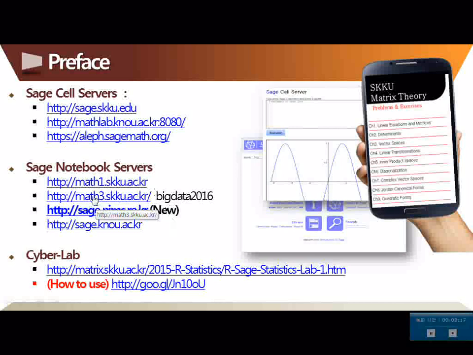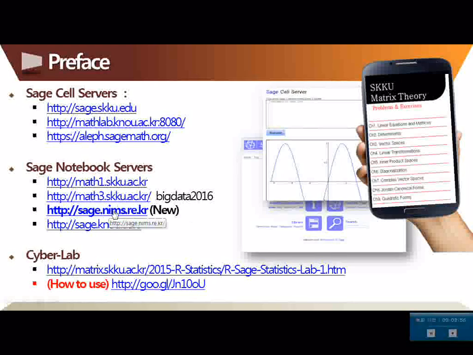I recommend that you make one ID on Big Data 2016 here on the Math 3 server, and all use the same username, so all of you can use this Sage Math server, which is based on the Python language. R can also be used on this server.